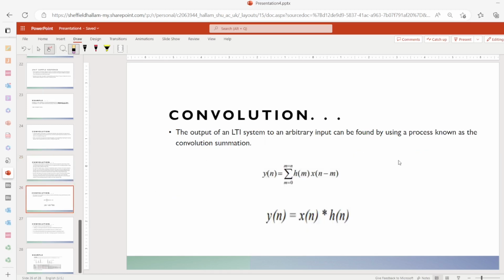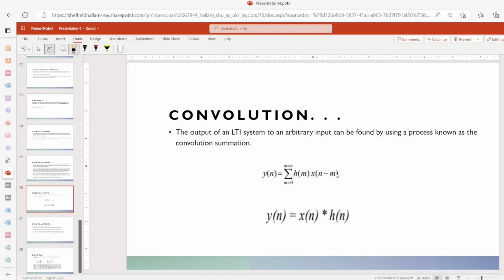The mathematical representation of convolution is yn equals the summation of hm times x of n minus m. What we are doing here is convolving the input xn with hm, but in order to do that we have to align it.